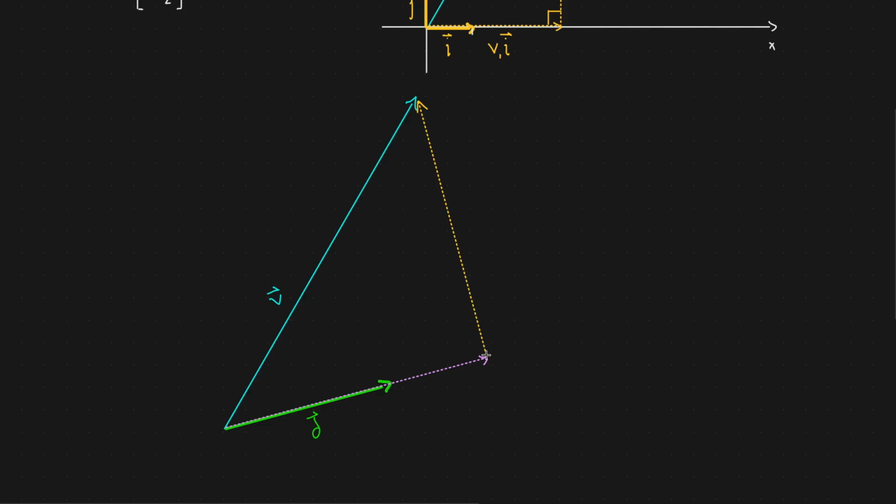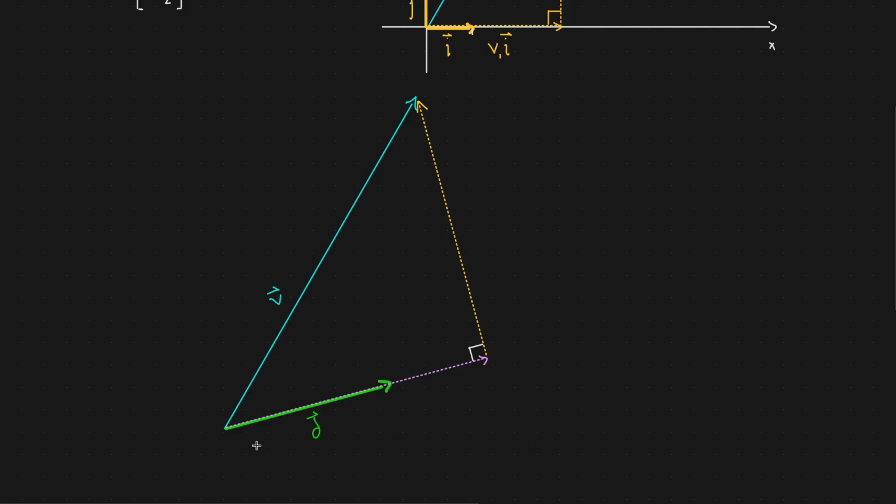Notice these are meeting at right angles because I want the full maximum amount of vector v going in the direction of vector d. How much is vector v going in the direction of this other vector?